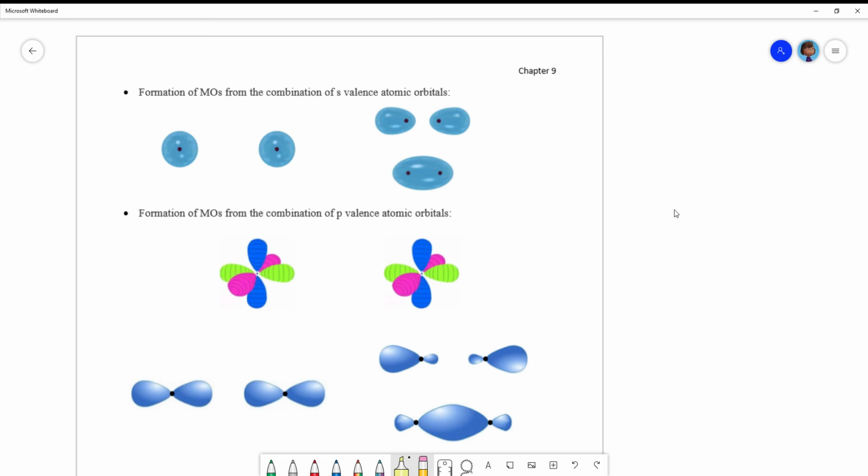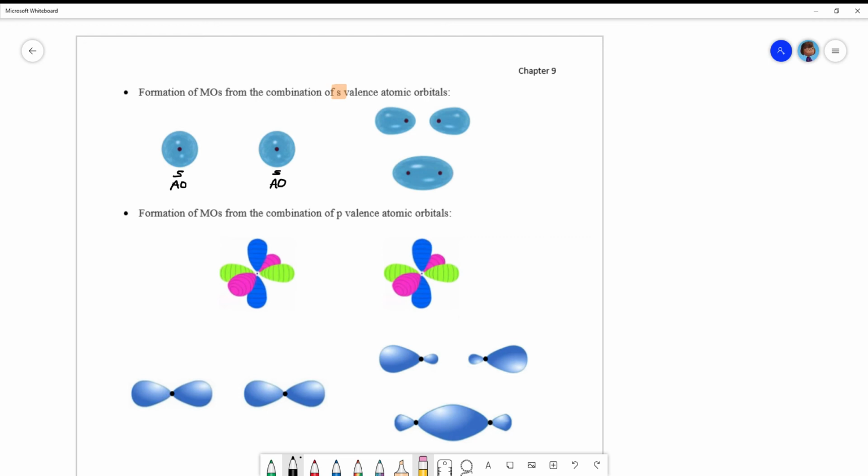Let's highlight s. I'm going to highlight it in something fun, orange. S valence orbitals. So what we have here are two s orbitals. Let's get a pen so we can write here. Here we go. So this is an s orbital and this is an s orbital. These are both atomic orbitals.